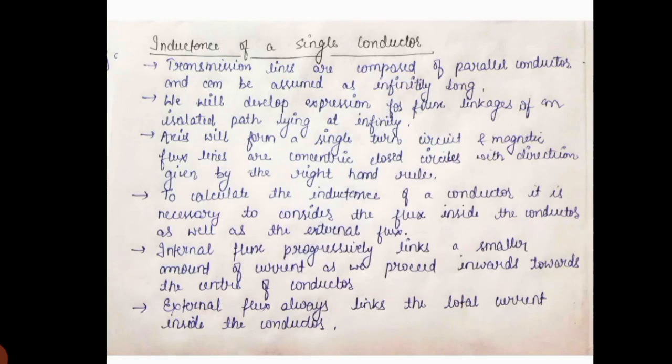In the previous class, I discussed how to find the direction of the magnetic field in a current carrying conductor by the right hand rule, also known as the thumb's rule.